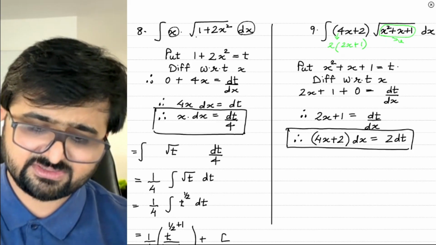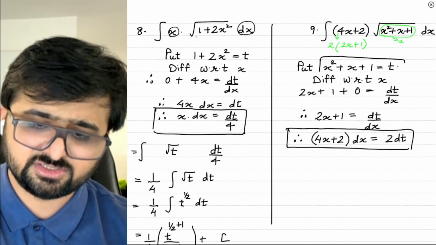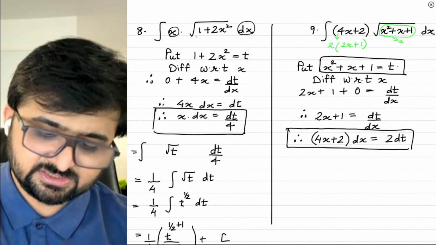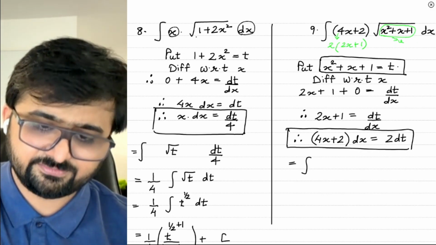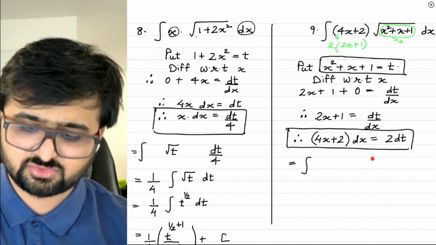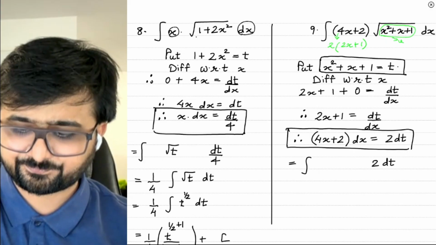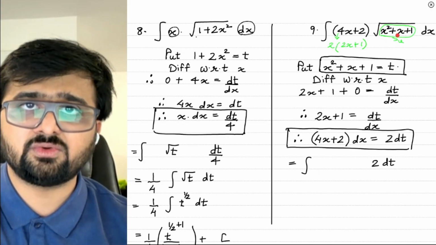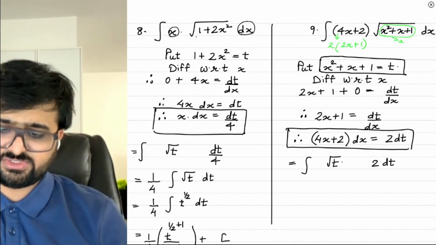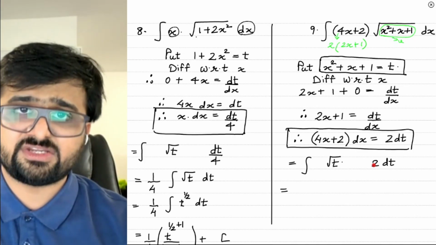Now, since we have this substitution, we can convert the entire equation in terms of t. So our integral becomes integration of 4x plus 2 times dx. This is 2 dt. So 2 dt. And this is square root of t. Very simple to integrate now. This 2 can be taken out of integral.